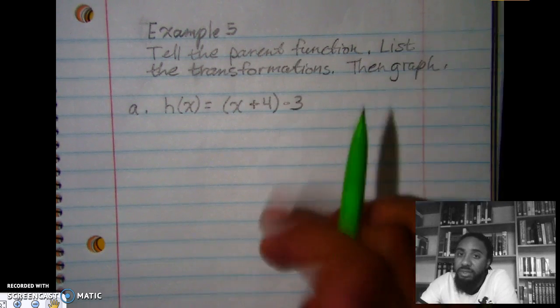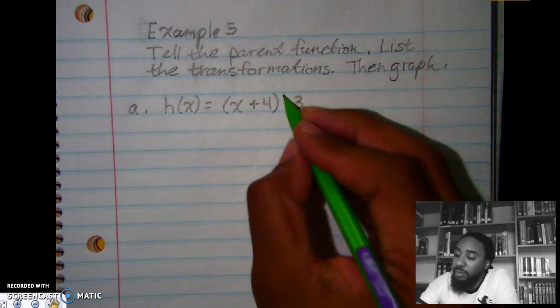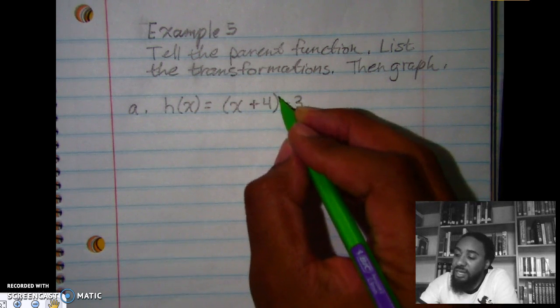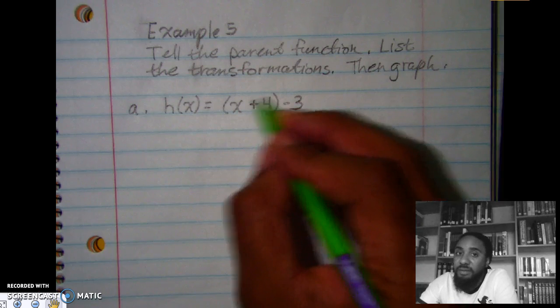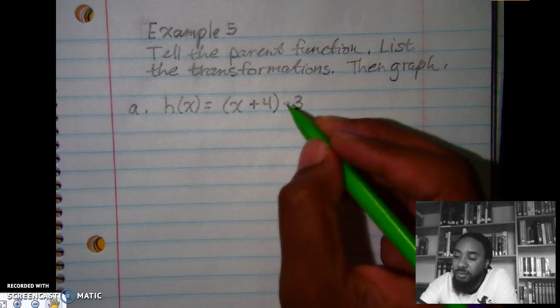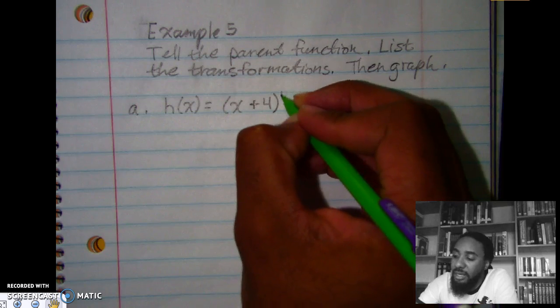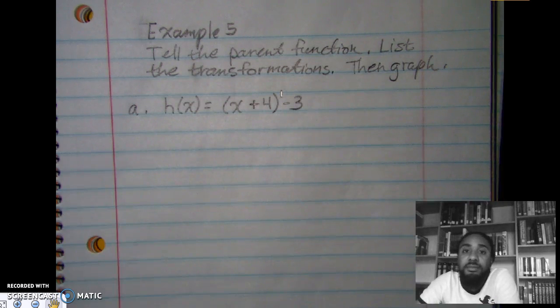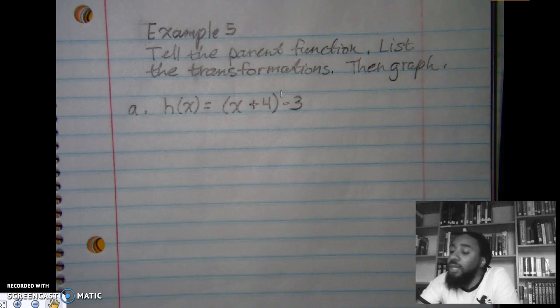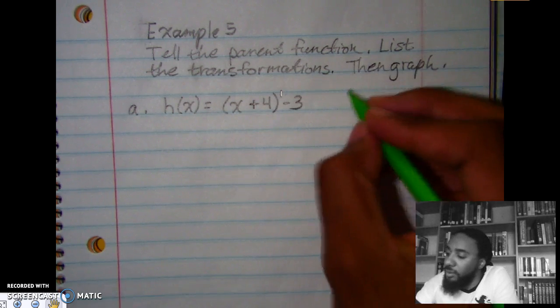Not written there, but it's understood to be there. But what was the one that actually had no exponent whatsoever, but it had a variable in it? Or if you want to look at it, it had an exponent of 1 right there. Which function had the exponent of 1? And if you think about it, that was linear.